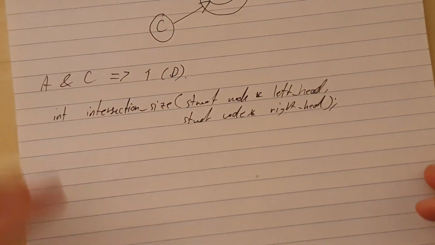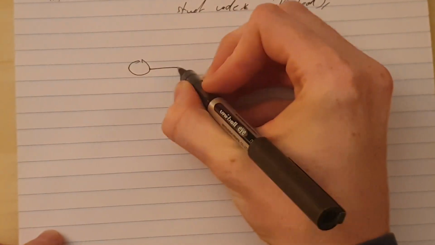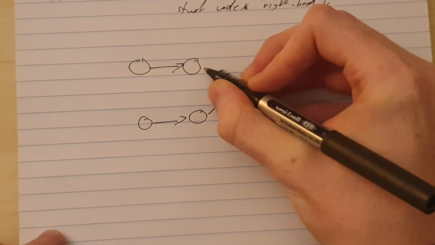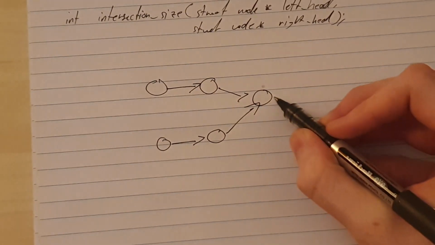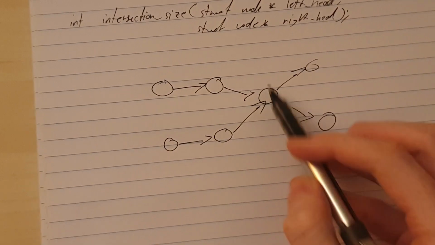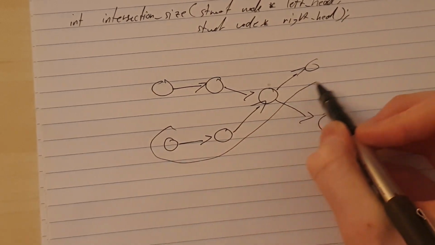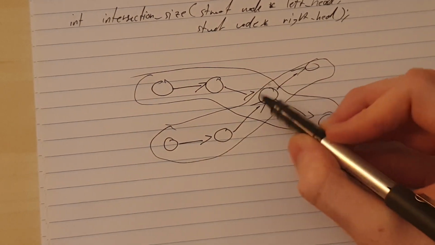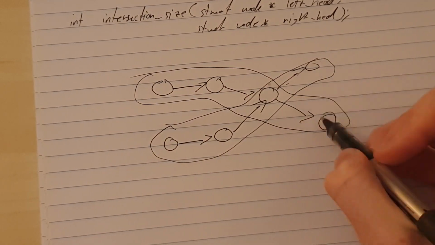We can't have some nodes that go on for a little while in two lists, and then eventually they join in a node, which is in the intersection, and then they separate again. That's not possible. We can't have one list that goes this way and another that goes this way, because this node here can only have a pointer to one next.